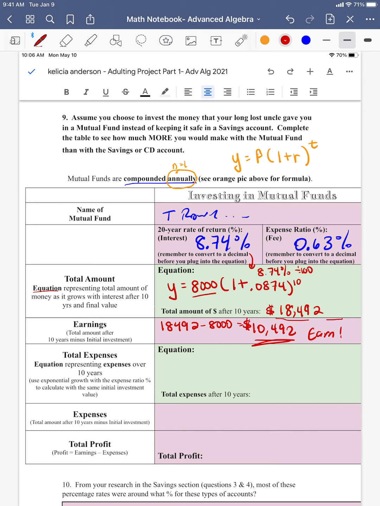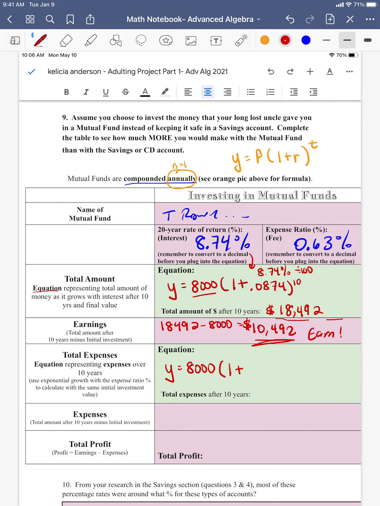Next is the expenses. So remember that the expenses are also growing over time. So I'm going to do the same calculations to see how much I have to pay them based on the expense ratio. So I start the equation the same way. It starts with Y equals and then the initial value. Y equals, my initial in my case is 8,000. Yours is going to be different. Yours is whatever your uncle gave you to invest. Parenthesis 1 plus.